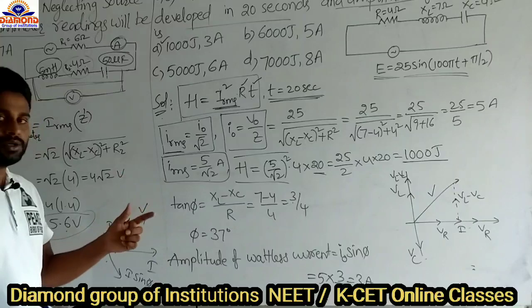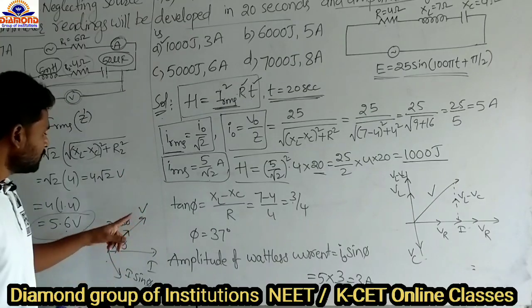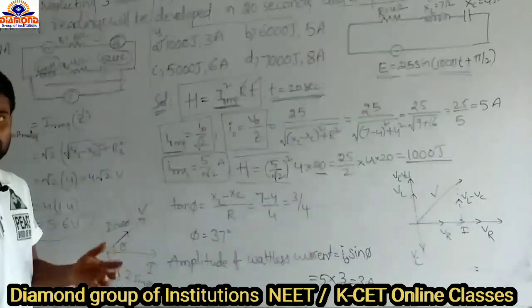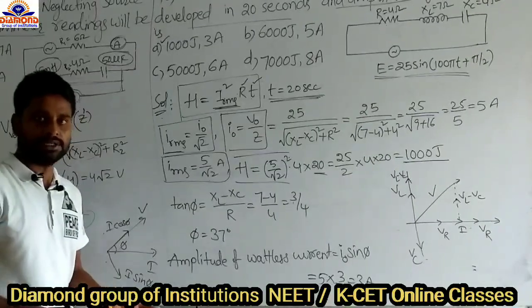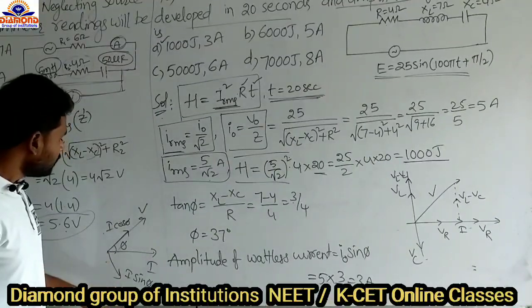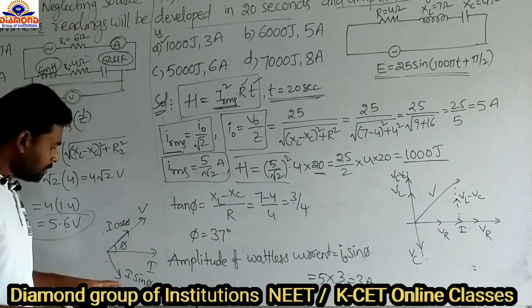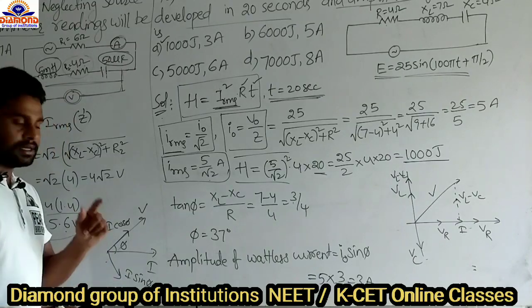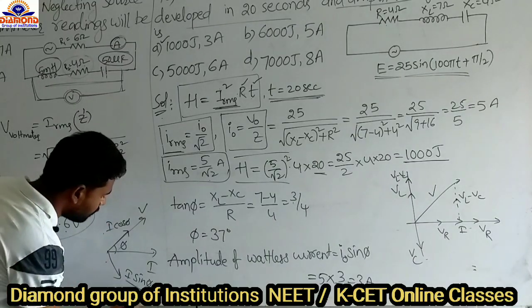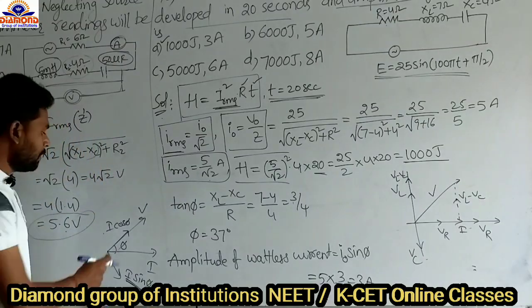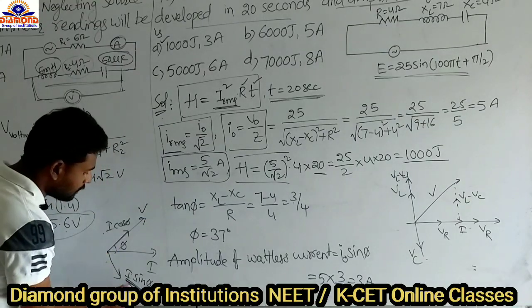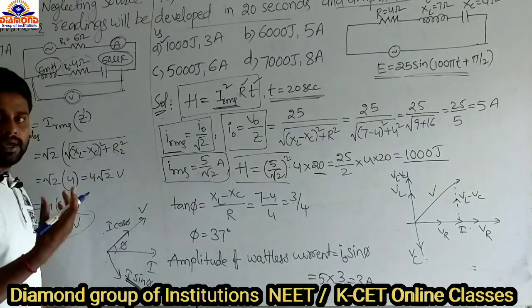In inductor circuits and capacitive circuits, the phase difference between the voltage and current is 90 degrees, that's why no power consumption. A current which does not consume any power is called the wattless current. This component of current, I sin phi, is perpendicular to the voltage, so this component of the current does not consume any power.